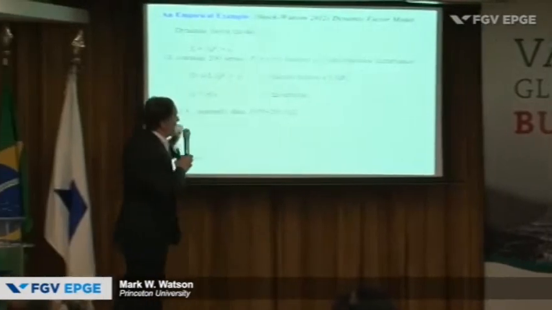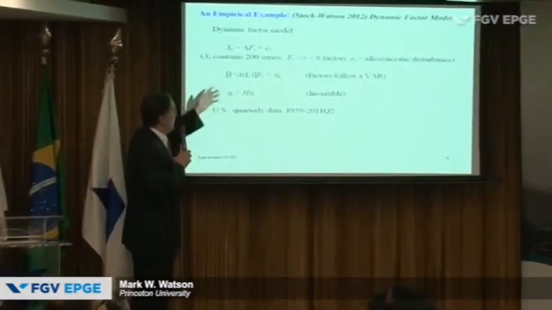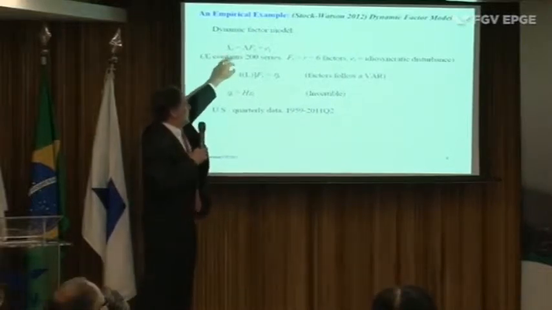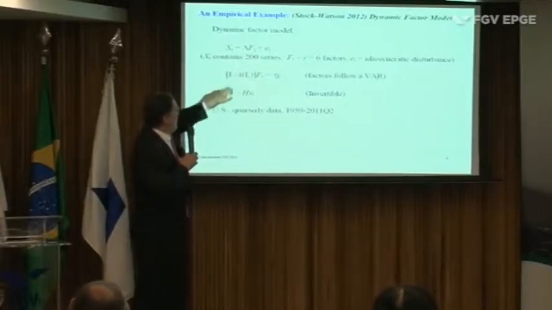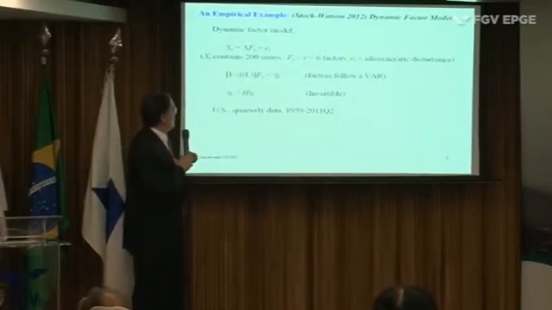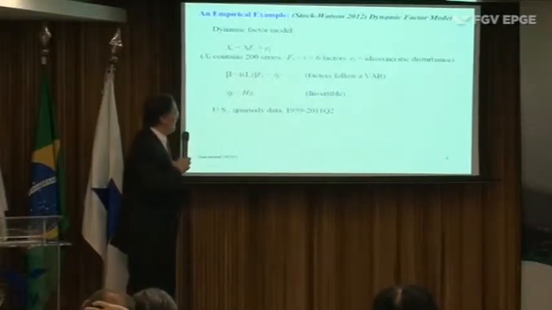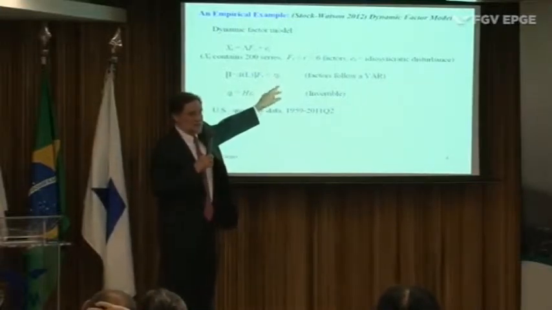So, in a paper that we wrote for Brookings in 2012, we took basically the setup. We had a whole bunch of variables X, and we related those to some factors F. So this is kind of like Eshwar's work earlier today, or at least the statistical model is similar. The factors were latent but followed a vector autoregression. So this is the same eta that I had on the last slide, right?